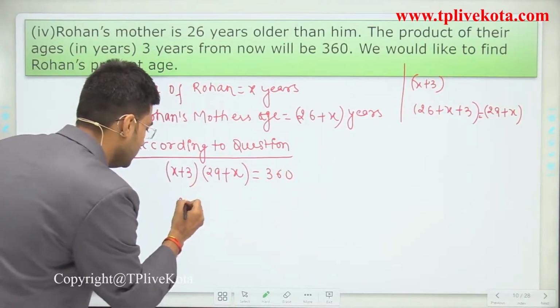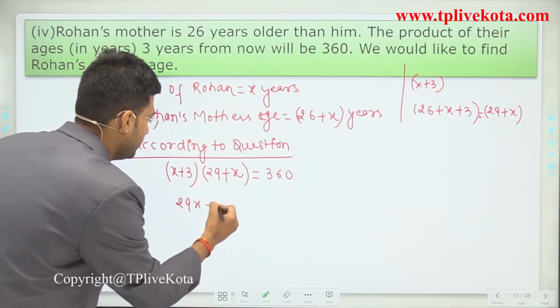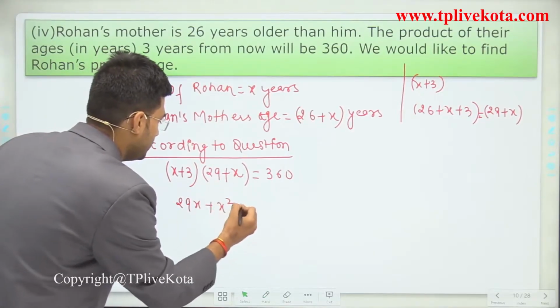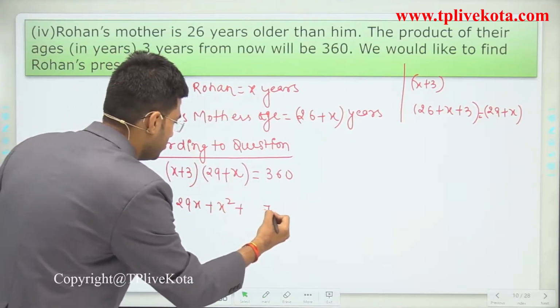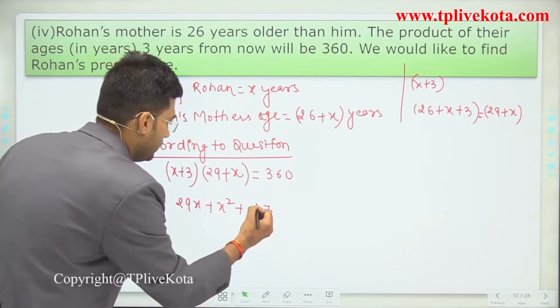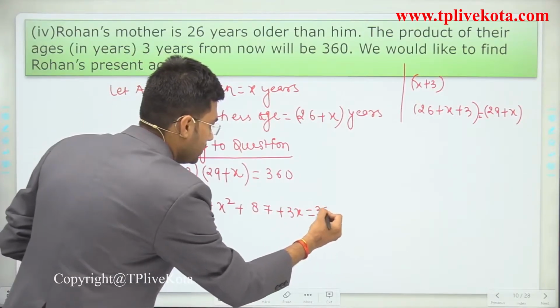So this is 29x plus x square plus 29 multiplied by 3, which is 87, plus 3x, is equal to 360.